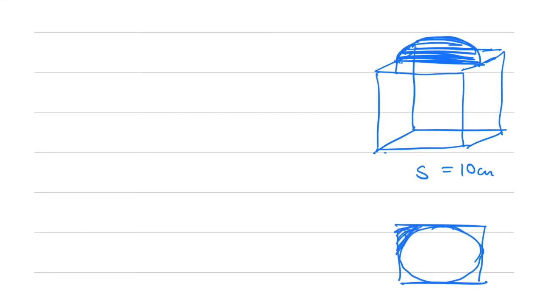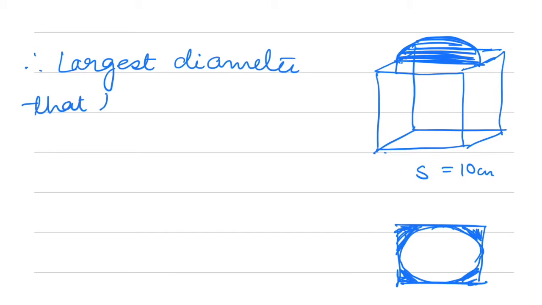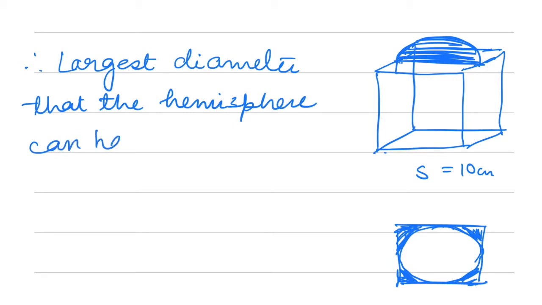This will be shown on the top of the block. What would be the largest diameter? Therefore, largest diameter that the hemisphere can have is equal to 10 centimeter. It can't have greater than that, otherwise it will be coming out.